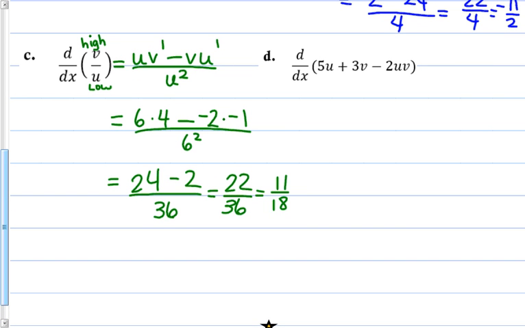Here's my function. They're telling me that it's 5 times U plus 3 times V minus 2 times U times V. So I have to derive this.